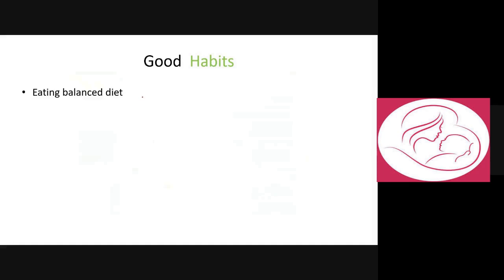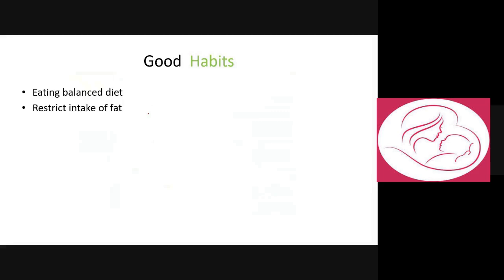Always try to have a very balanced diet of proteins, vitamins, carbohydrates and so on, and also antioxidants. Try to include them in your diet in the natural form. Restrict the intake of fat because it is going to increase your weight, and the moment your weight increases, there are other problems associated with your infertility.